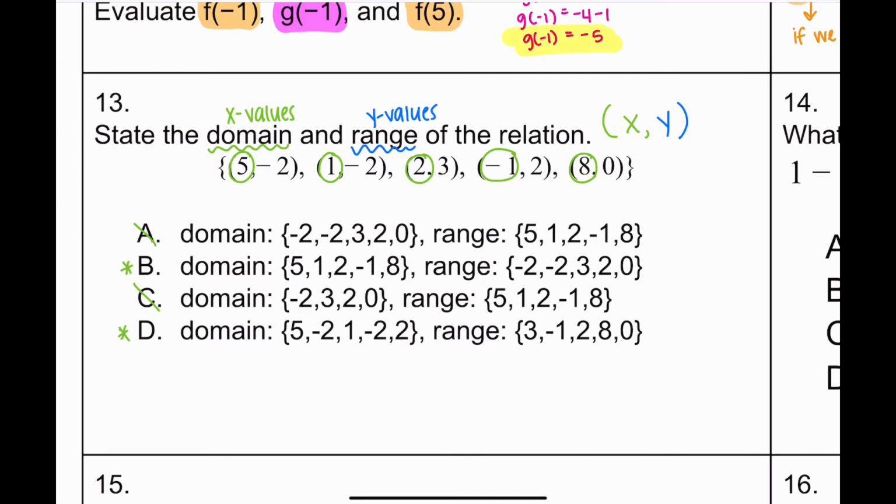Now we need to determine which is the correct range. The range is -2, -2, 3, 2, 0. So between B and D, -2, -2, 3, 2, 0 is only found in B.